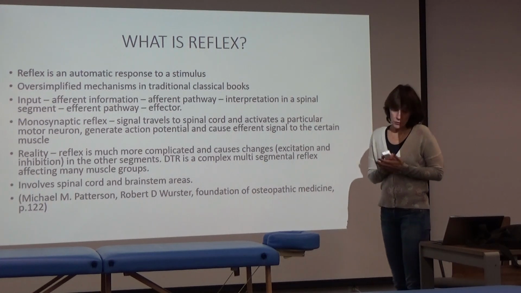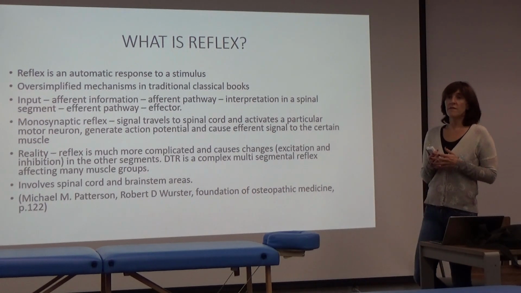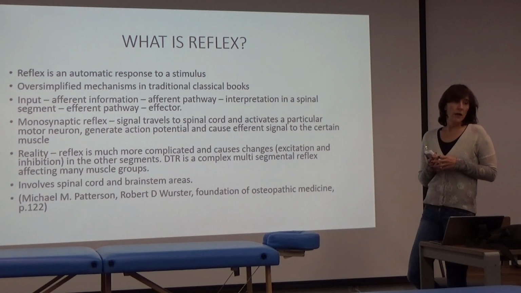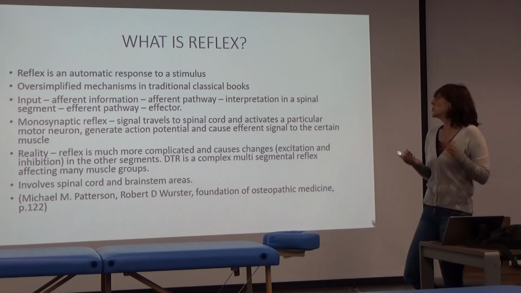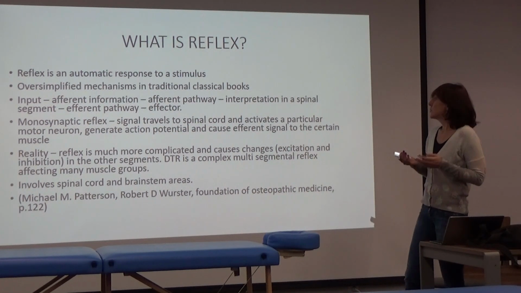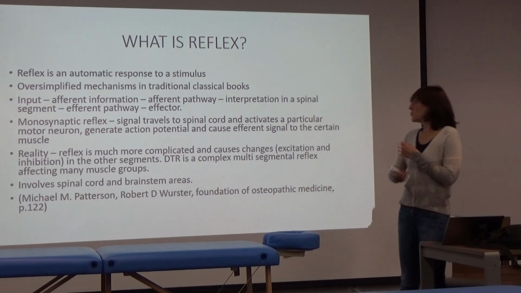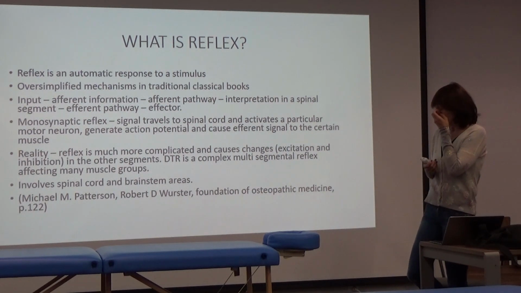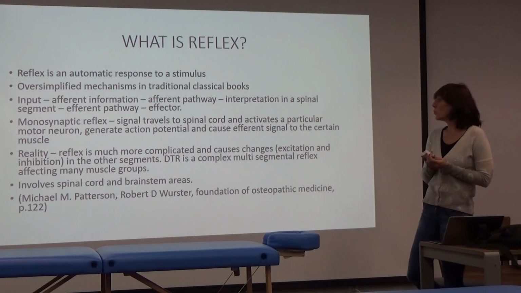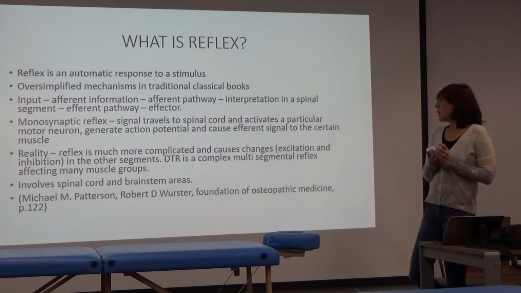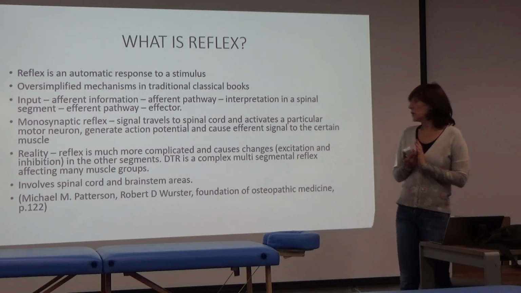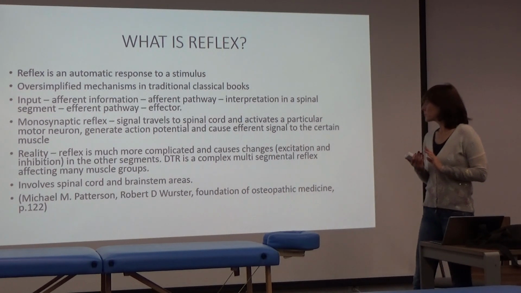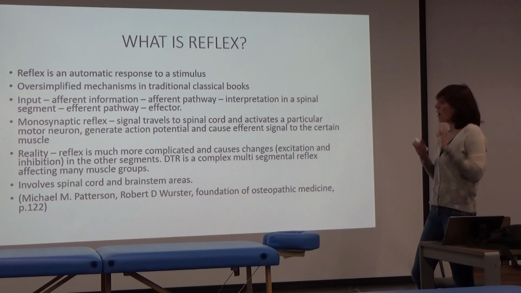Okay. In the books, the reflex is described in a very easy way, and normally we get a description of the monosynaptic reflex. The signal travels to the spinal cord and activates a particular motor neuron, which generates an action potential, and the muscle contracts. In reality, reflexes are much more complicated. They cause excitation and inhibition of other segments.